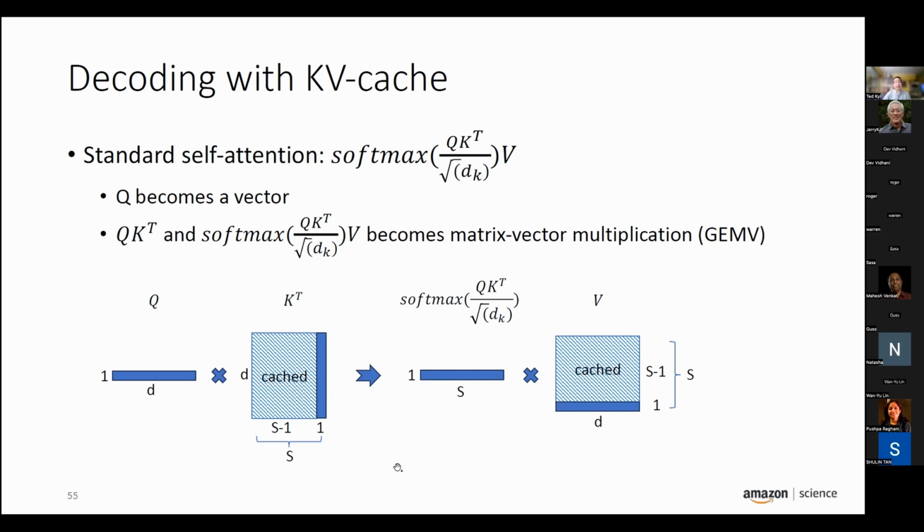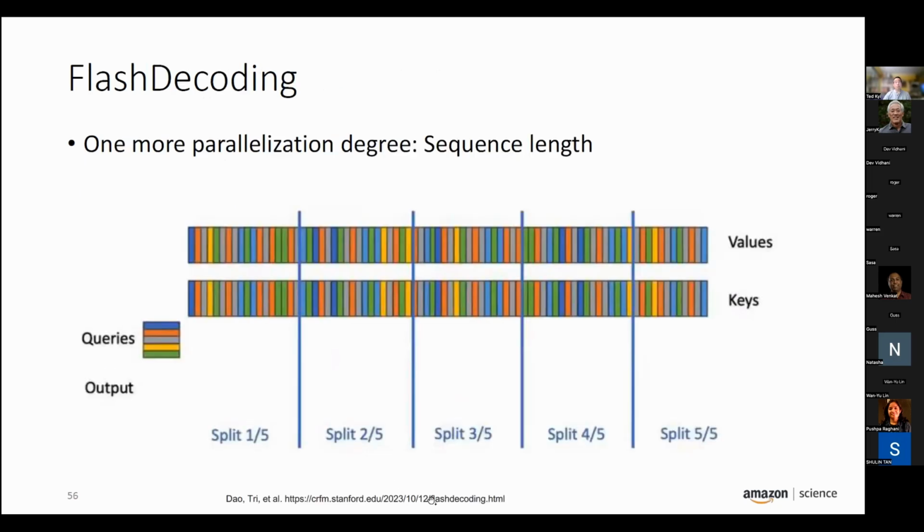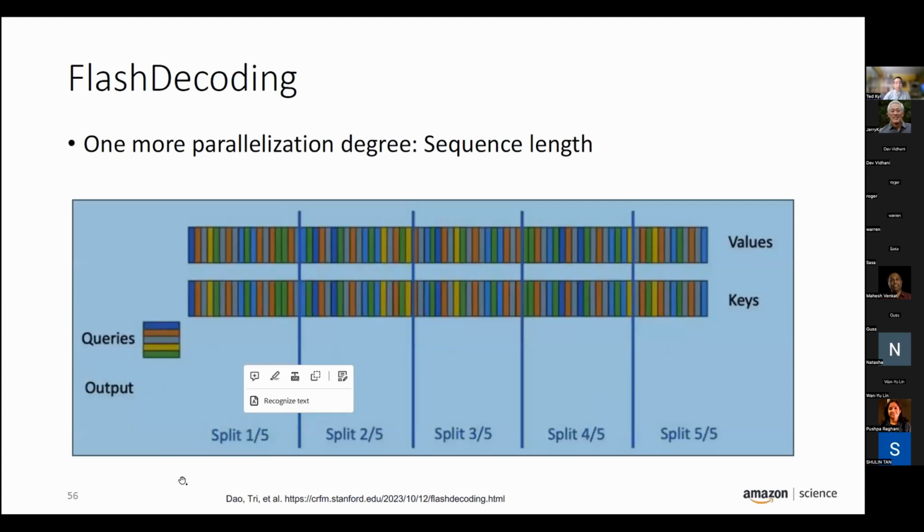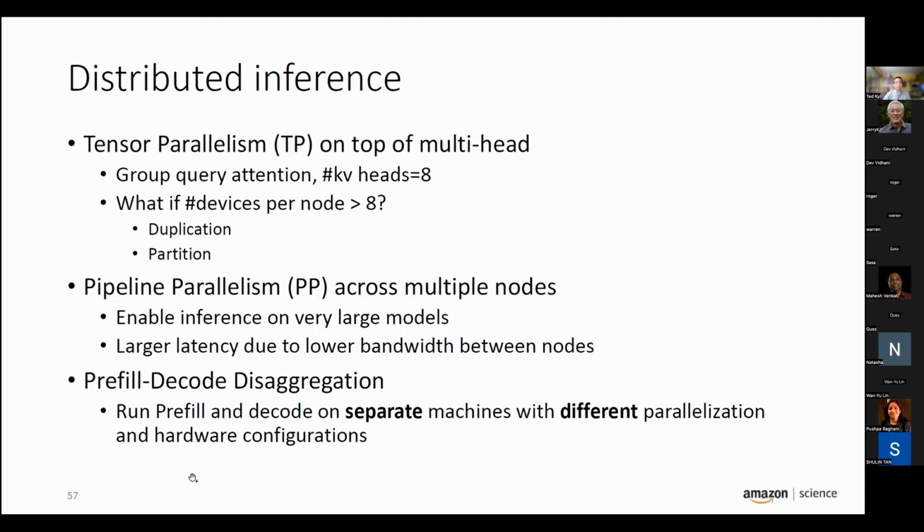So you cannot keep a GPU busy just doing one query at a time. One technique that came up is flash decoding, where you split up this query times the various keys into smaller chunks, and then you can parallelize them and feed them all at once. So that's a way to speed things up on just the decoding side.